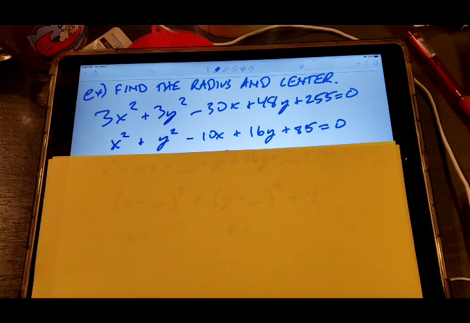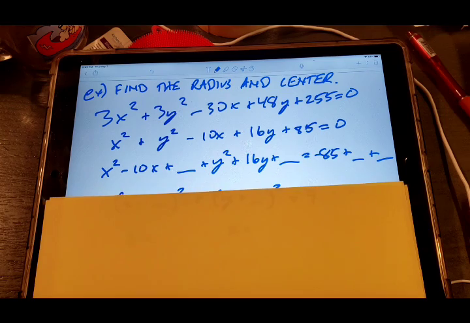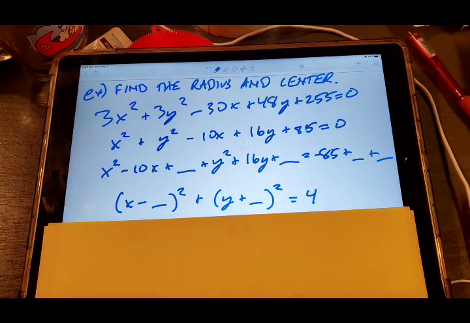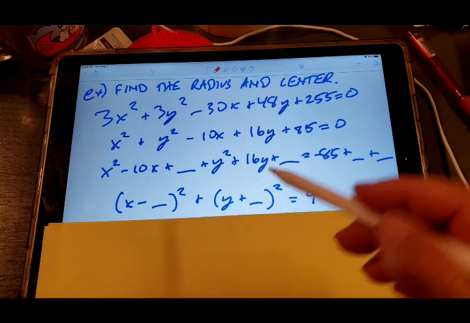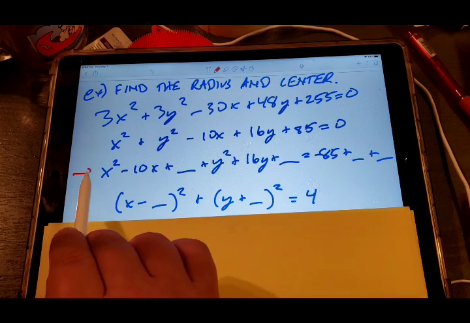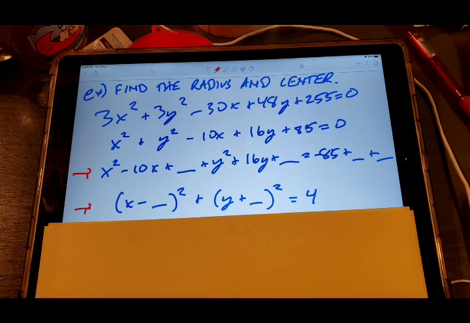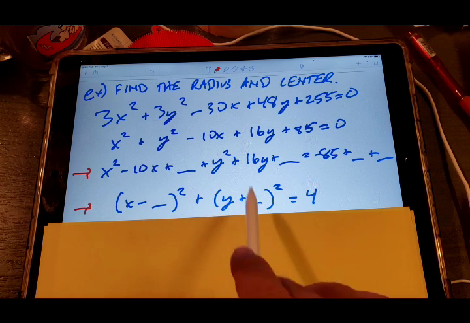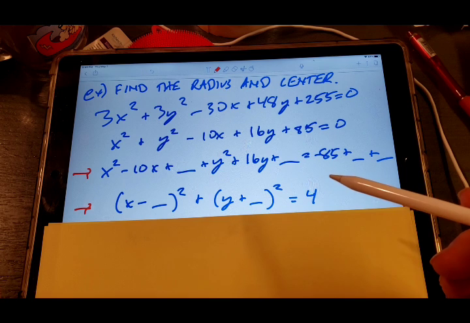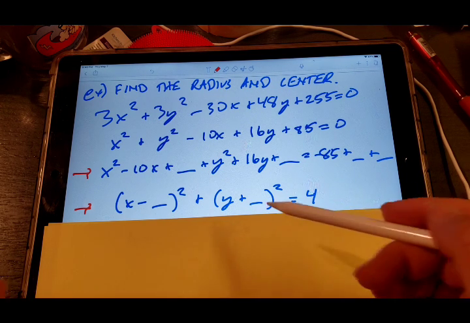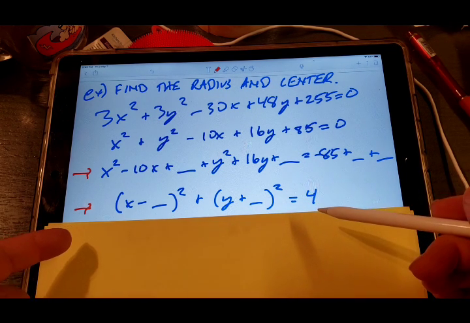Now remember, our goal was to rearrange the terms so that I get (x minus h) squared plus (y minus k) squared equals r squared. Remember, my goal was to somehow get this thing that we did way back in homework 0.